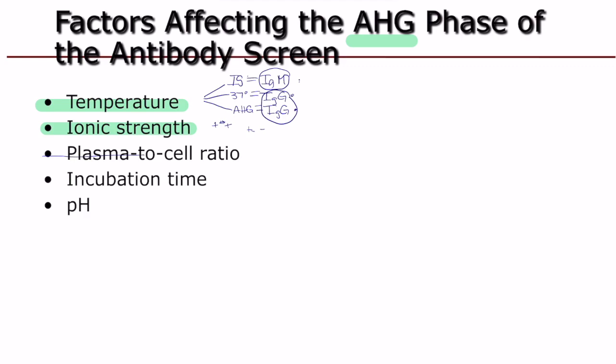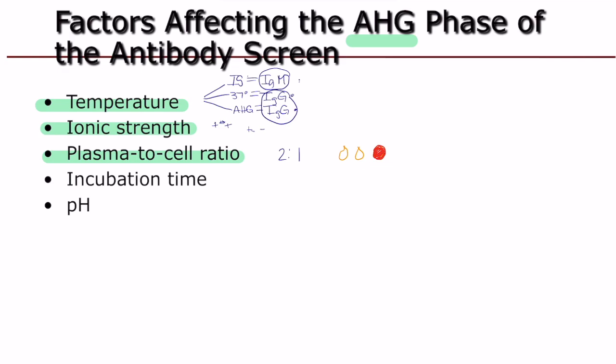Plasma to cell, here's our plasma to cell ratio. And remember what this is. This is 2 to 1. 2 plasma, 1 cell. We can draw it like this. I know my drops aren't very good. 2 to 1.